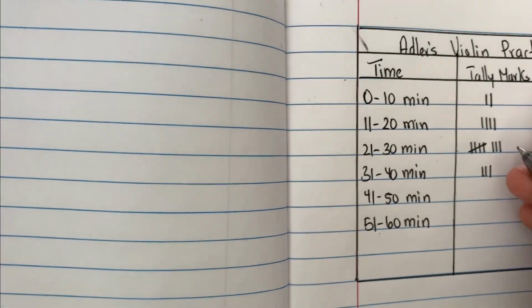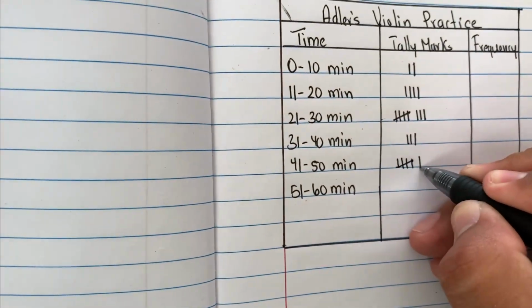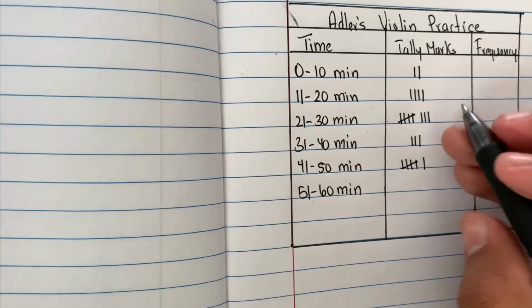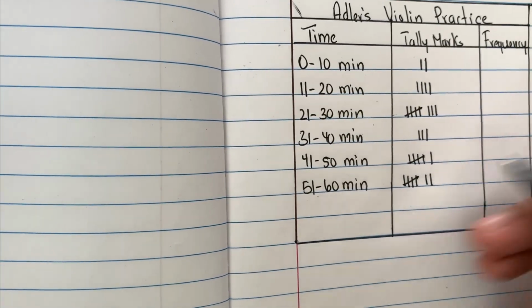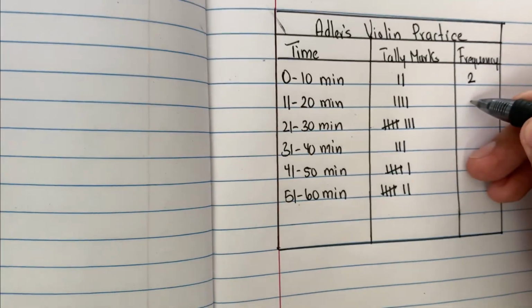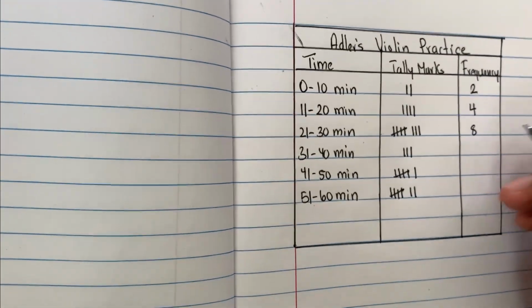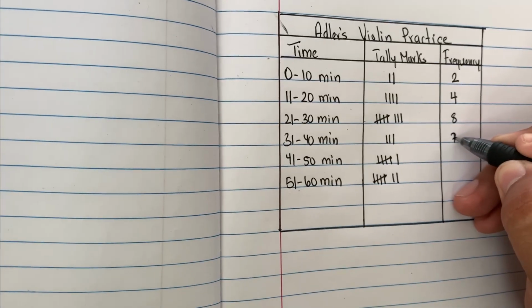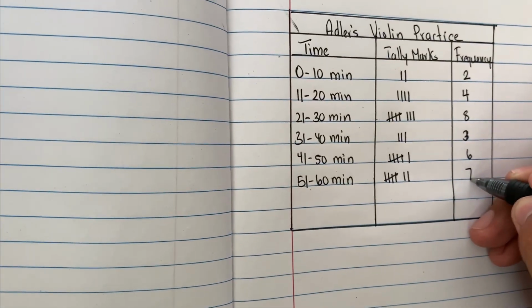And then we have 41 to 50, which is 6. And 51 to 60 we have 7. 5 6 7. And then we can complete our frequency. 2 4, this would be 8, this would be 3, this would be 6, and this would be 7.